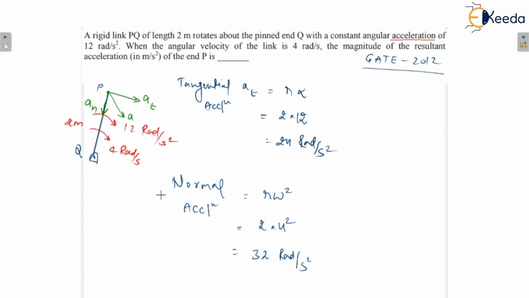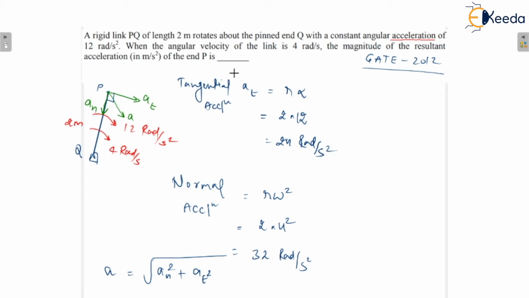Okay, so what would be the total acceleration? We know that both are perpendicular to each other, so the total acceleration would be the square root of a_n square plus a_t square. From here you can get the value of total acceleration.